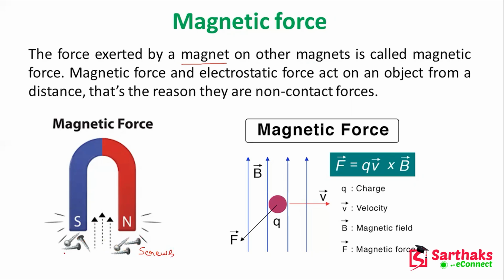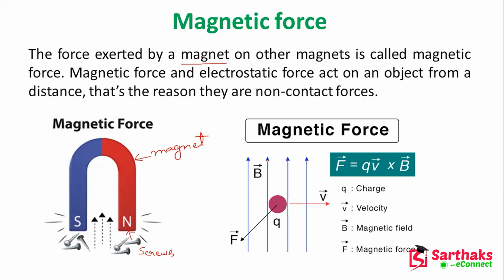So you can see that if you are keeping that screws here, at that time this magnet will collect all the screws, or it will attract all the screws, and you can see that from a certain distance it will jump to here, and after a certain time you can see that it will be attached to the north pole or south. Okay, so this is the magnetic force.